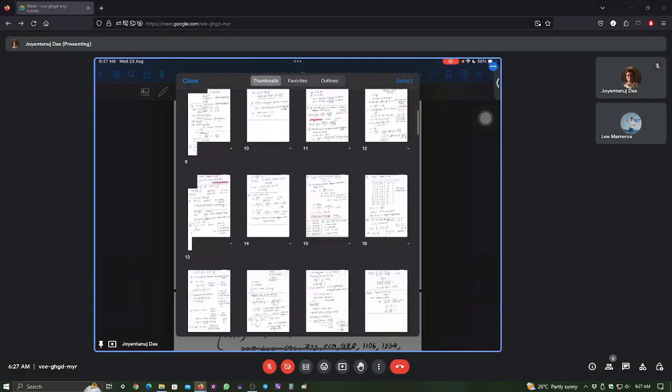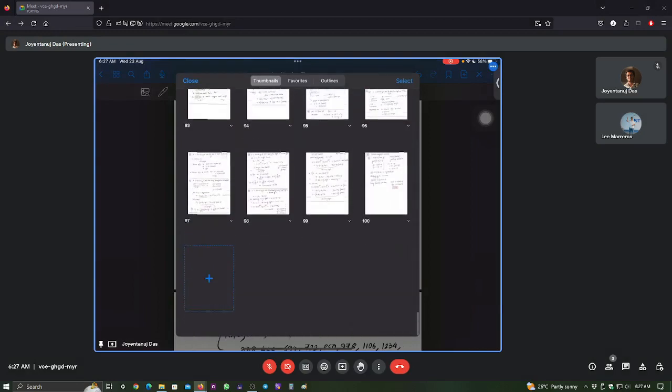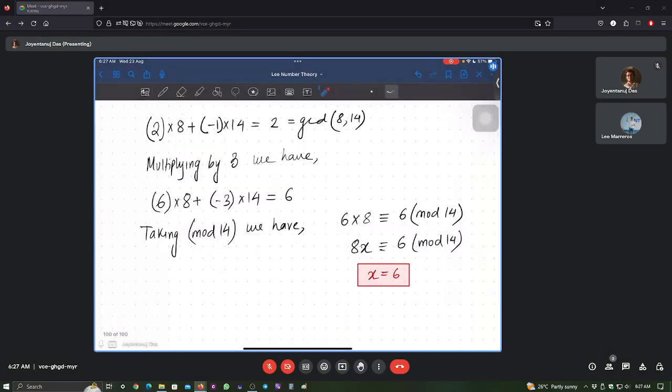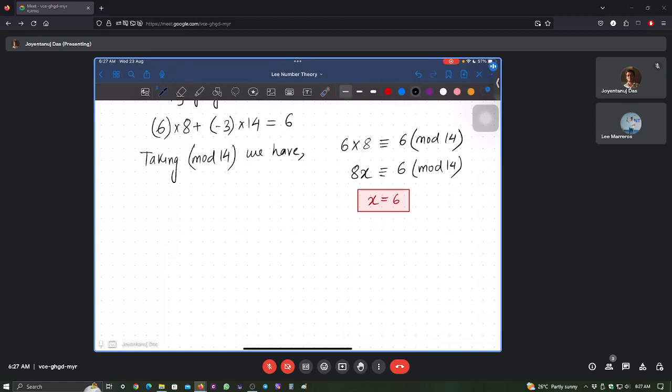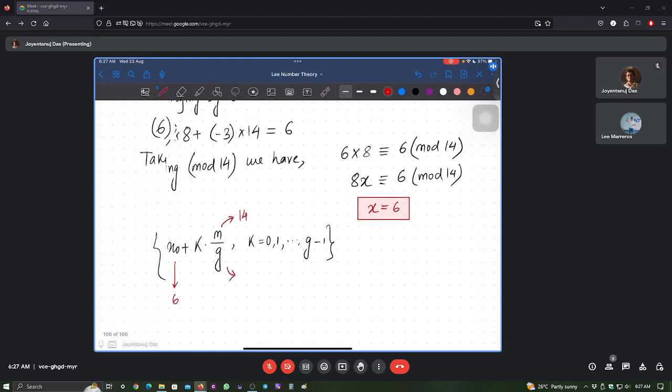So the solution set is x0 plus k times m by g, where k goes from 0, 1 up to g minus 1. Here x0 is 6 that you already got, m is the modulus, 14, and g is the GCD, which is 2.